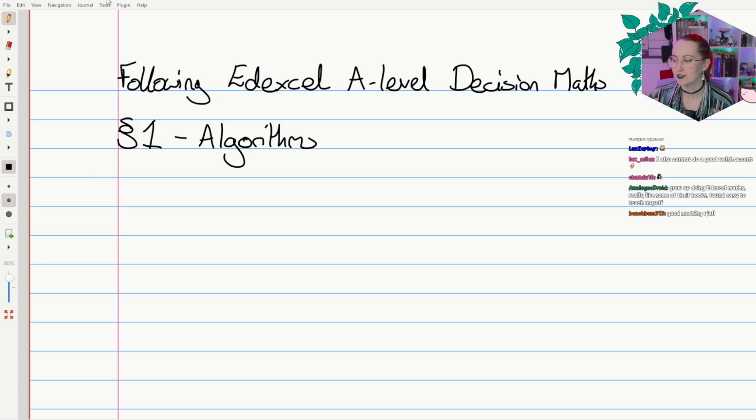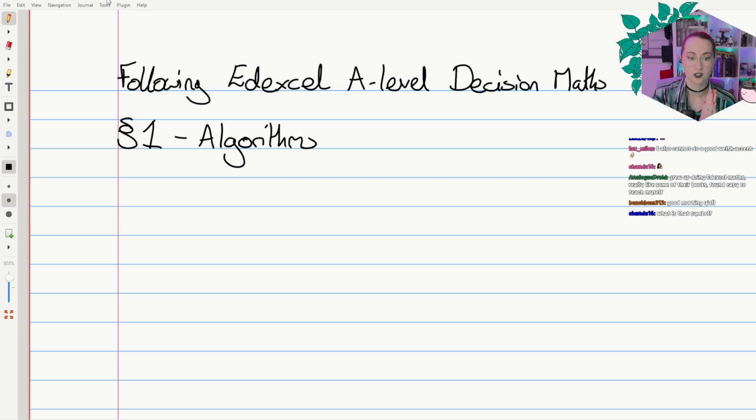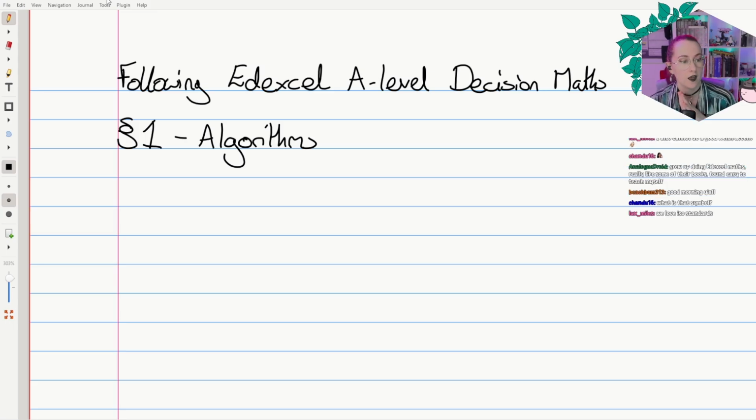And the point being that when you actually follow through these instructions, if you had never made a cup of tea before in your life and you didn't even know what a cup of tea was, let alone all of the components that go into it or the typical way that people make them, if the instructions aren't clear enough and aren't explicit enough and aren't unique enough, if there are multiple different ways of doing something, then you're using a bad algorithm.